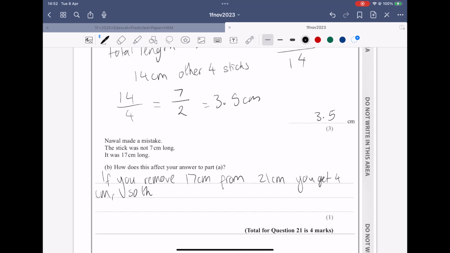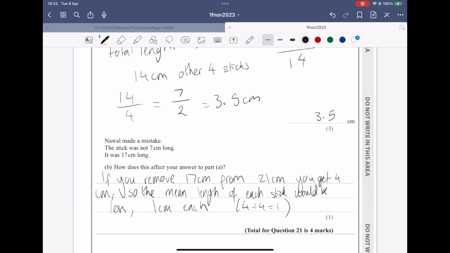So the mean length of each stick would be less. You could say it would be 1 centimetre each, because it's 4 divided by 4, which is 1, okay?